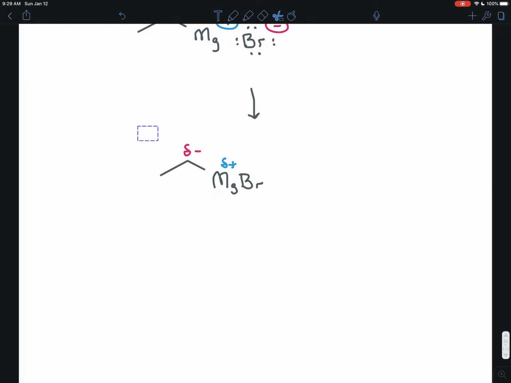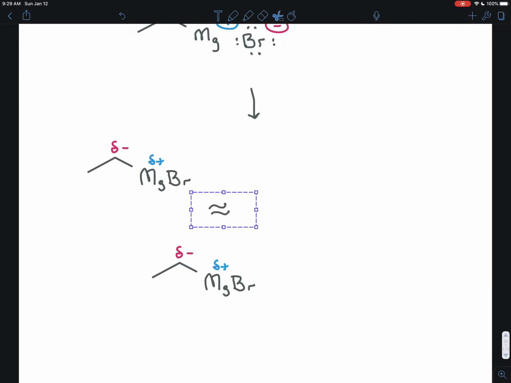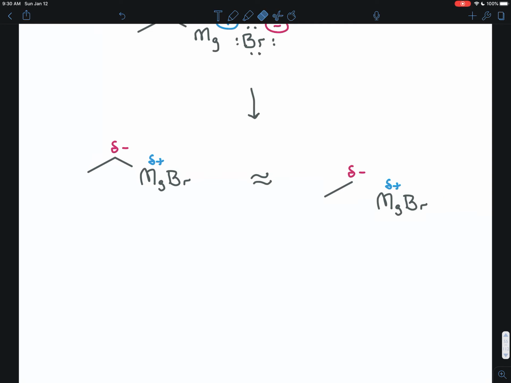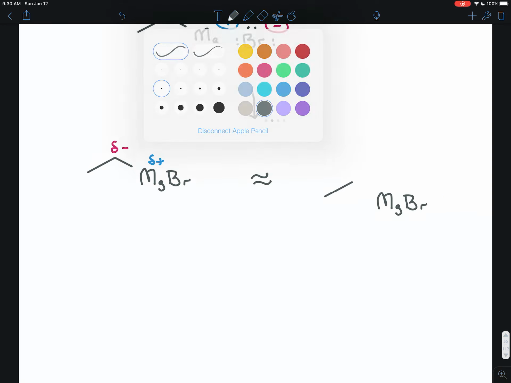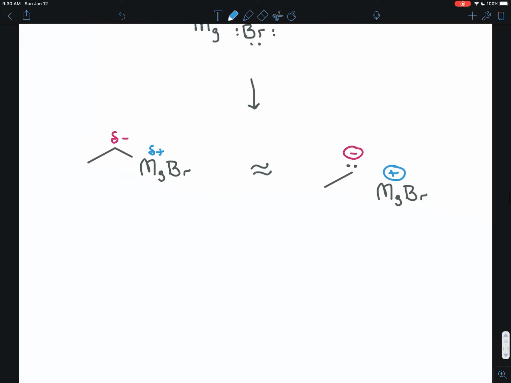And the truth is that bond is so polar that you could almost treat it as a completely and purely ionic bond. That's often how we're going to draw it in these mechanisms. So that would be as if the carbon had all the electrons all the time, full negative charge, and the magnesium had the full positive charge there.